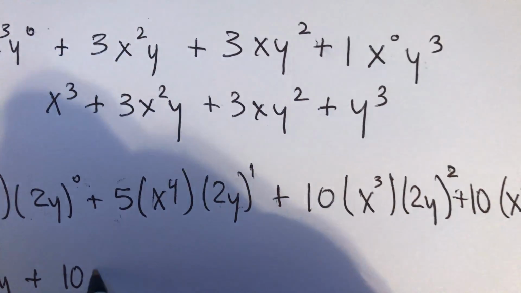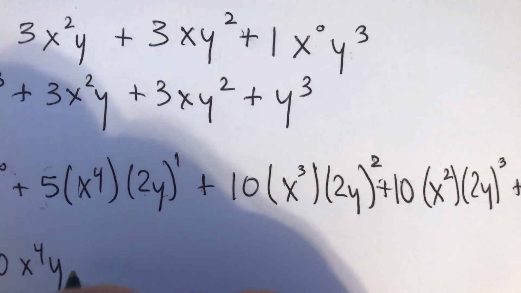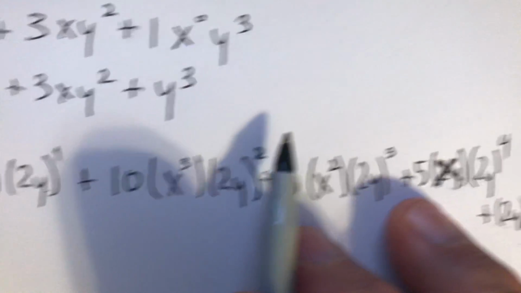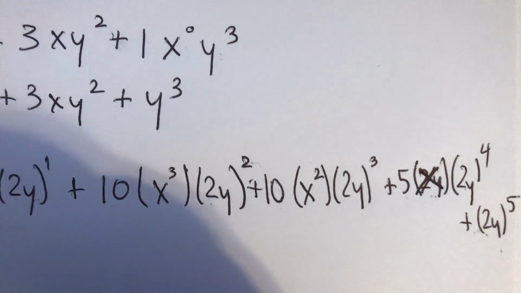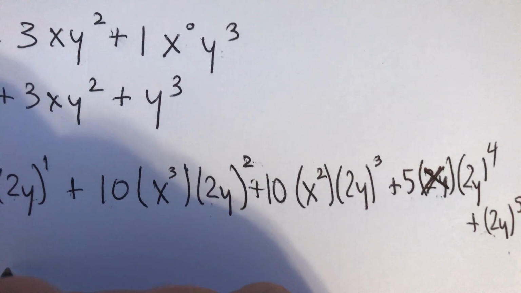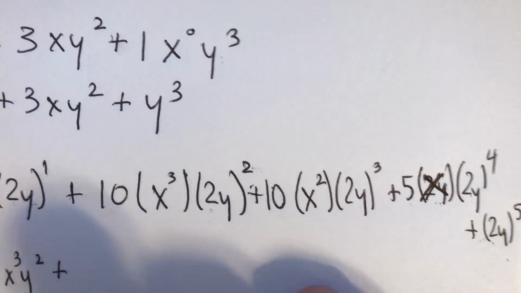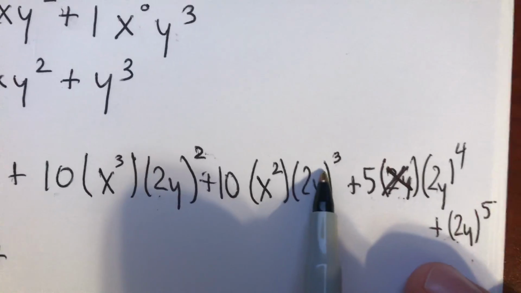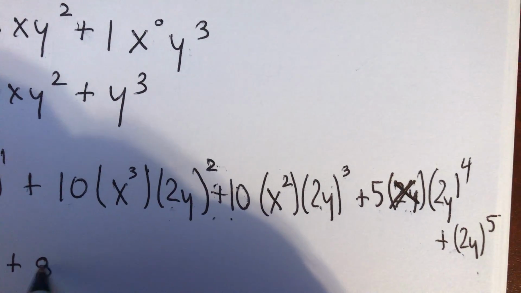X to the fourth, y to the first. Plus 2 to the second power is 4. 4 times 10 is 40. X to the third, y to the second. Plus 2 to the third is 8. 8 times 10 is 80.